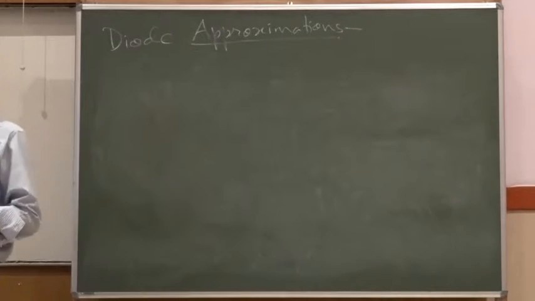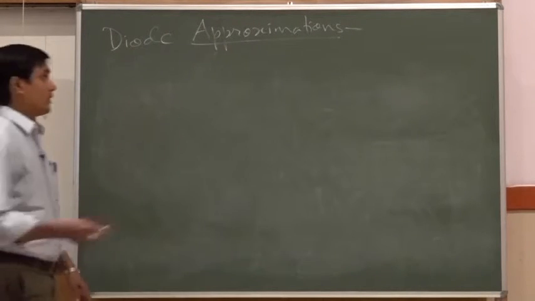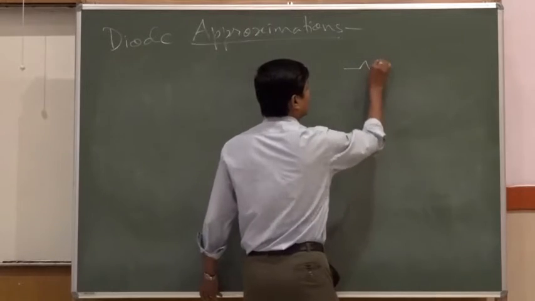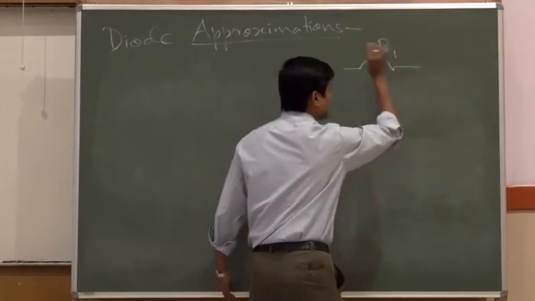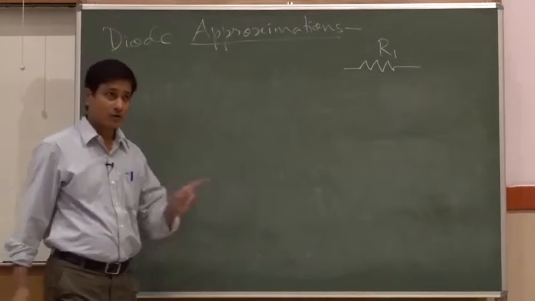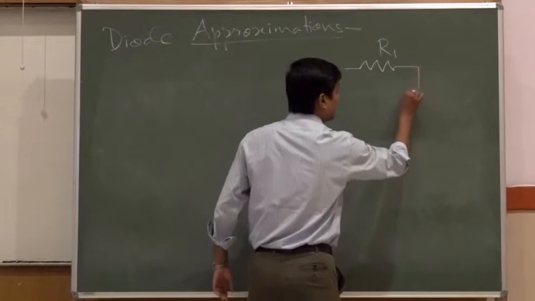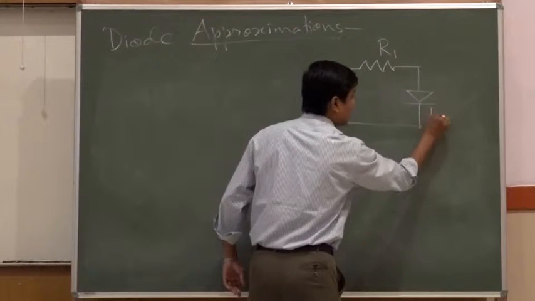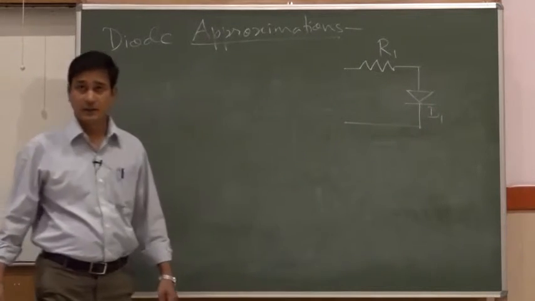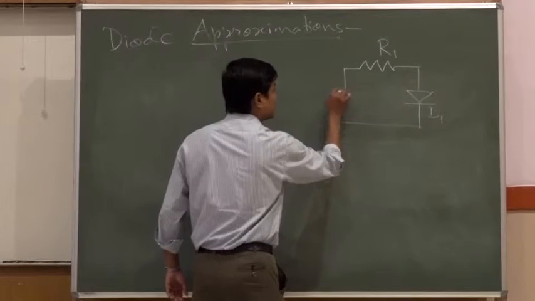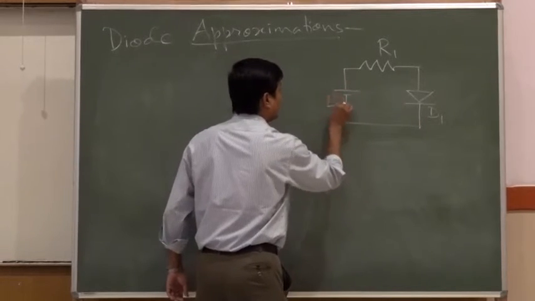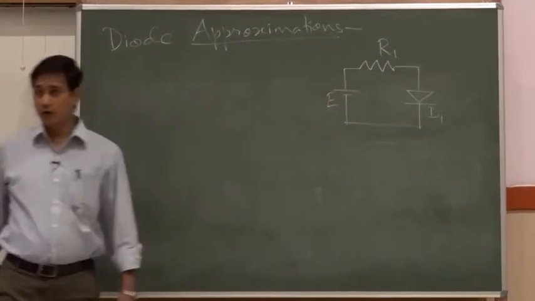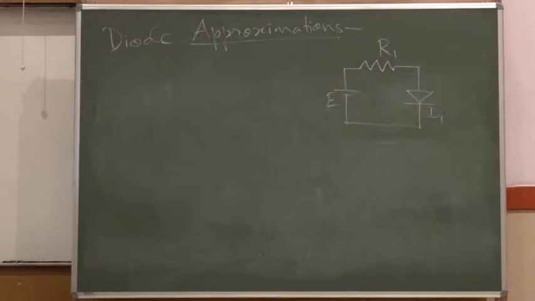For that, we considered one electrical circuit with one resistance R1, obviously the unit is ohm, with one diode, say D1, and it is biased through a DC value E volt. A potential difference of E volt was applied to it.